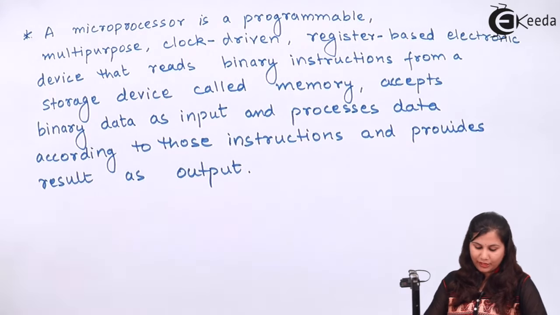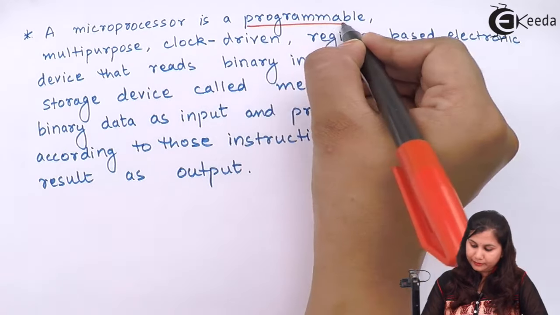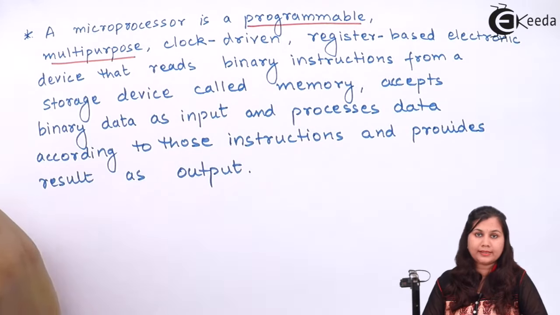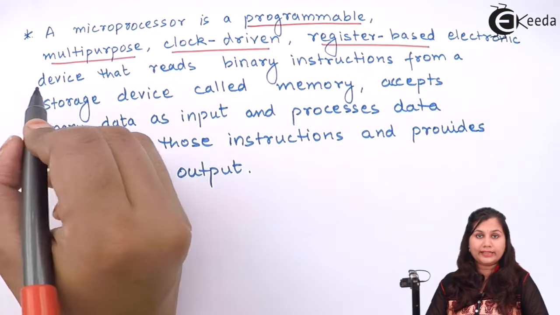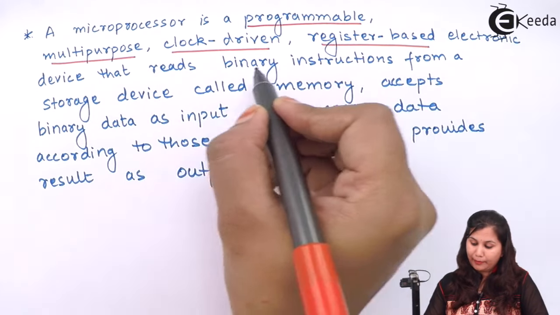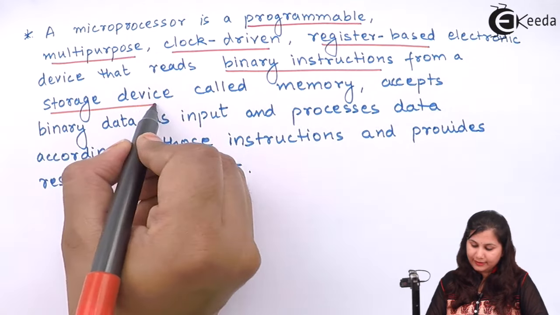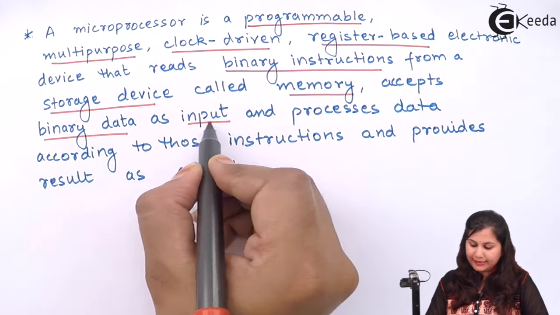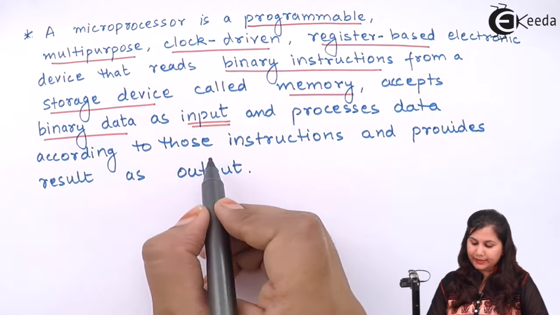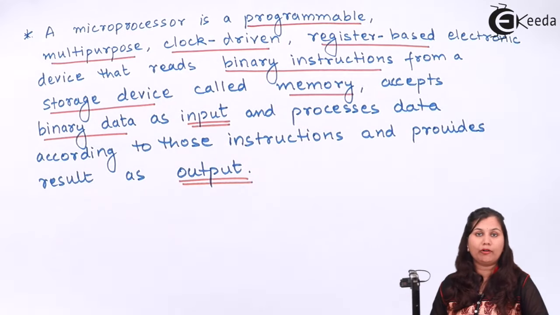Now in this definition we have different words like programmable, multipurpose, clock driven, register based electronic device that reads binary instructions from a storage device called memory, accepts binary data as input, and processes data according to those instructions, and provides the result as output.